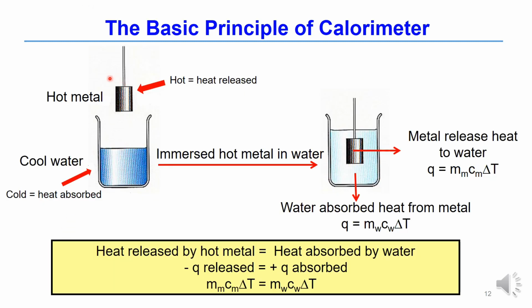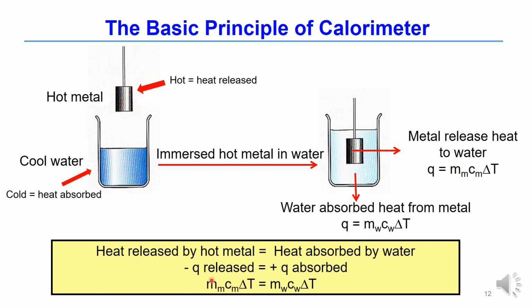Now we have a hot metal that will be immersed into cold water. As we know, the hot metal will release the heat and the cold water will absorb the heat. So we have the formula of heat released by hot metal equals heat absorbed by cool water.